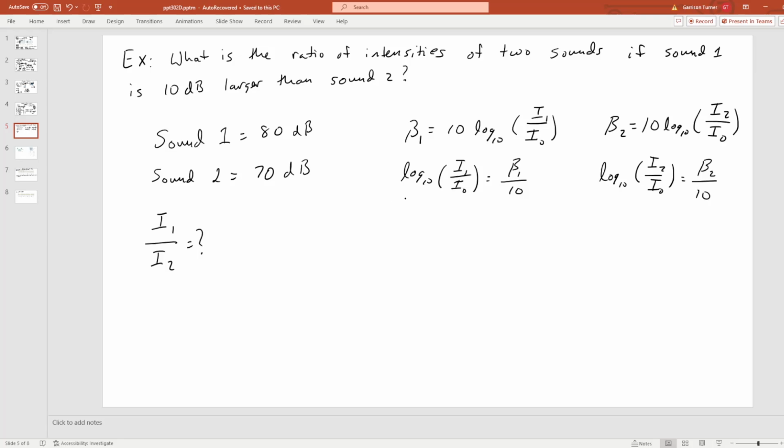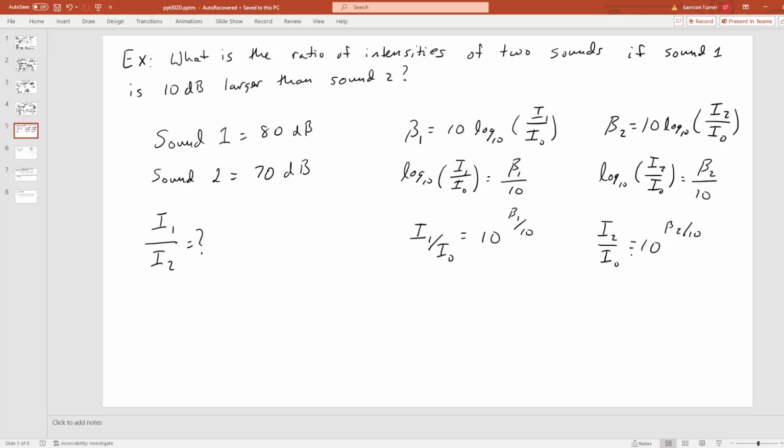And then we need to undo the log, which is basically raising both sides to the power 10. So I1 over I naught is equal to 10 to the beta 1 over 10, and therefore I2 over I naught is 10 to the beta 2 over 10.